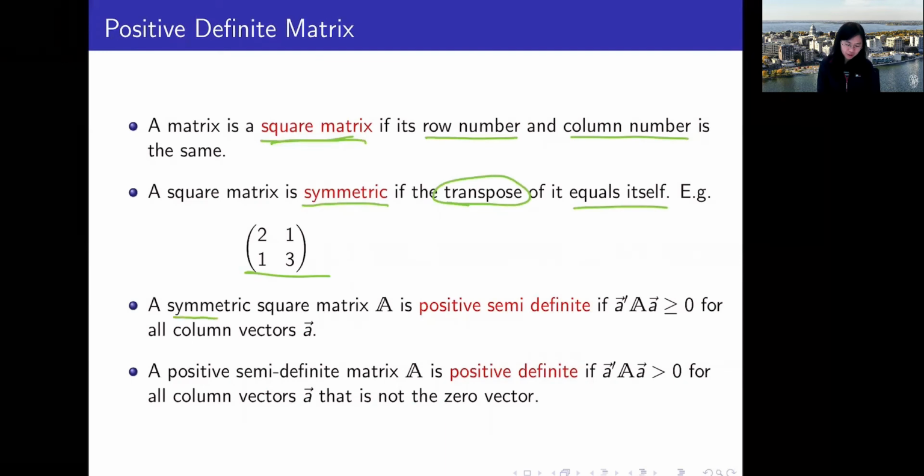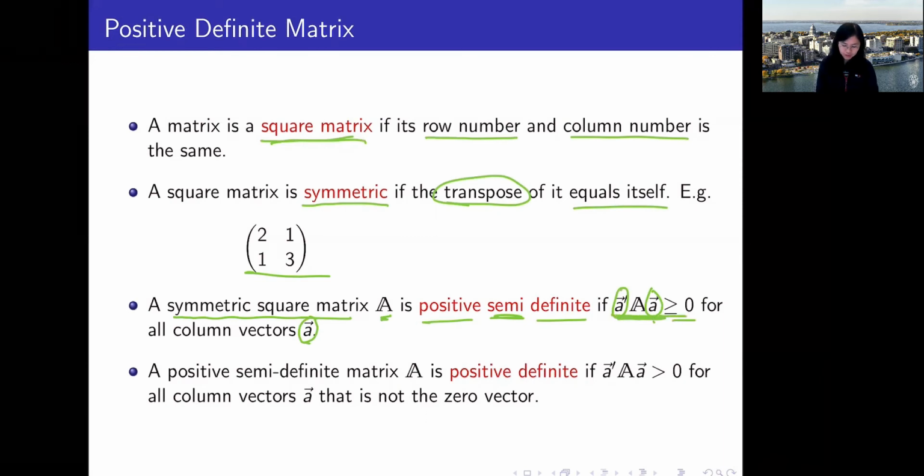A symmetric square matrix is positive semi-definite if for any column vector a of the same length as the number of columns or number of rows of the square matrix, a prime times matrix A times vector a, that matrix product is non-negative.